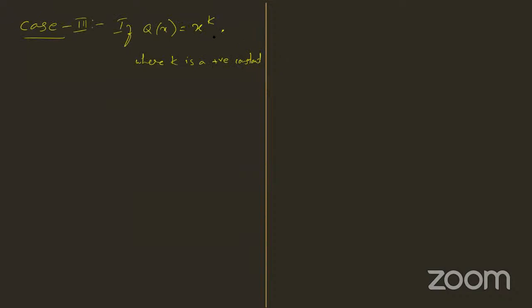When the right hand side function is an algebraic expression. Understand, I'm taking this as an algebraic expression, but it may be a polynomial also. If you have a differential equation of this kind, f of D, you may have some function on the left hand side, that doesn't matter.